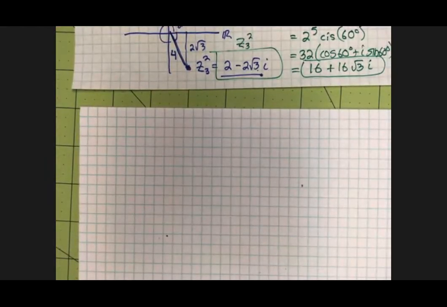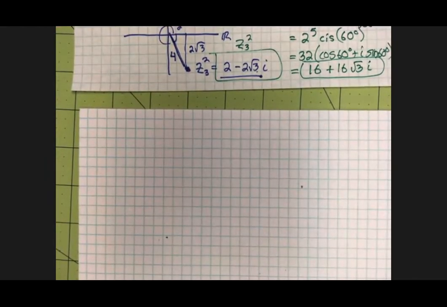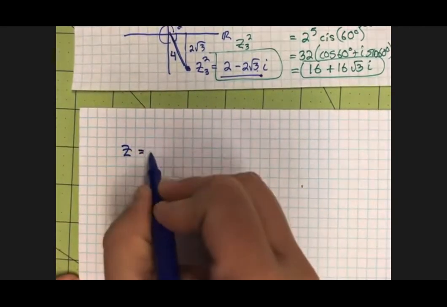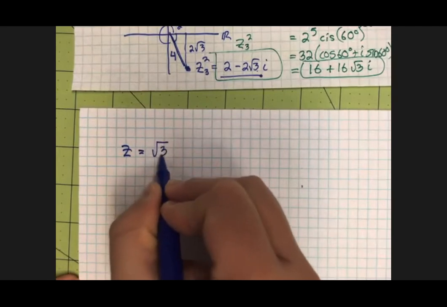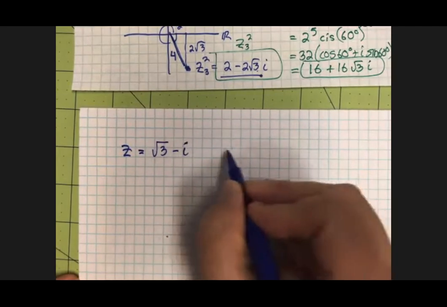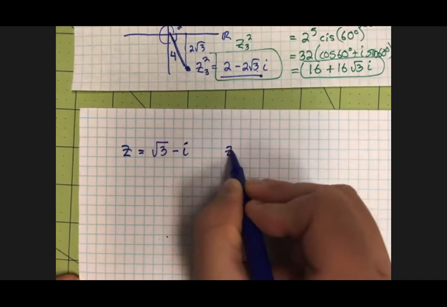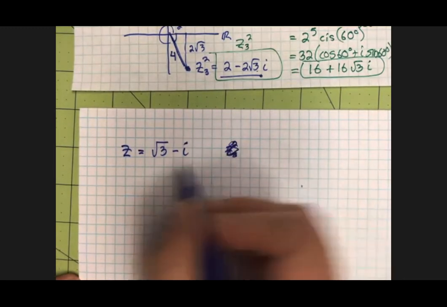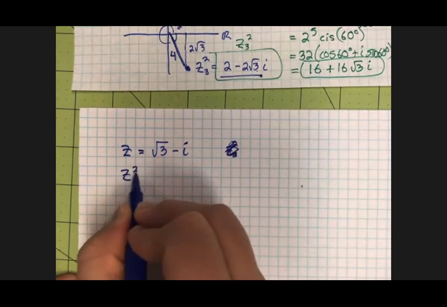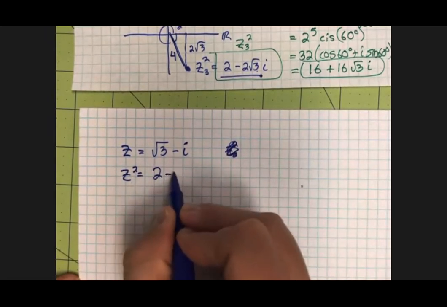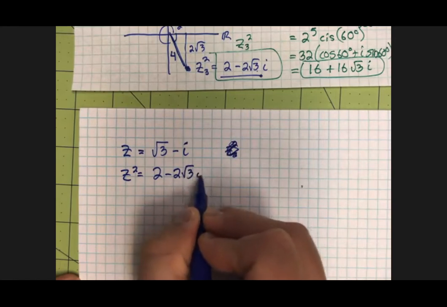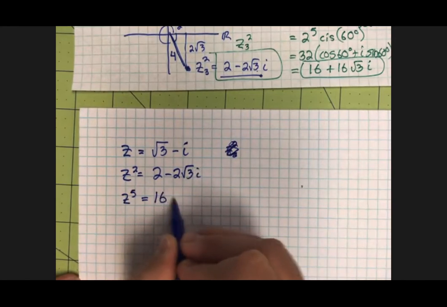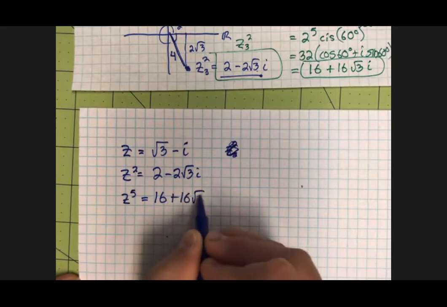Since that was getting crowded, let me rewrite it here before we go. Root 3 minus i. I claim that z squared is 2 minus 2 root 3 i, and z to the fifth is 16 plus 16 root 3 i.